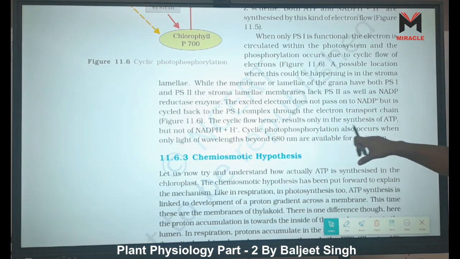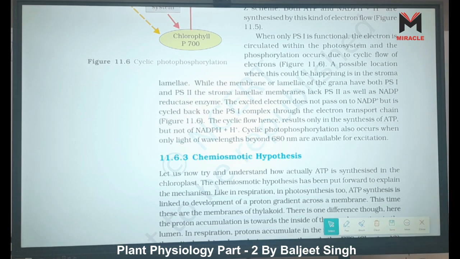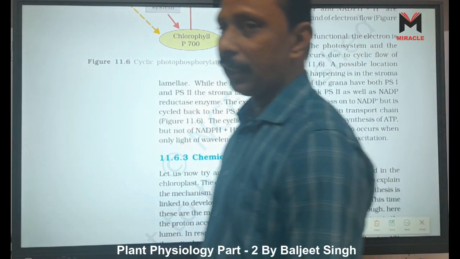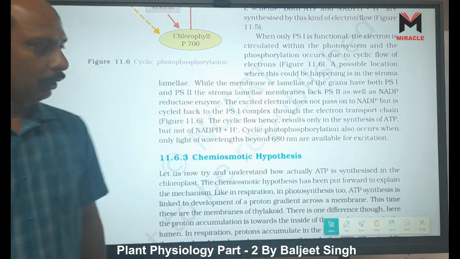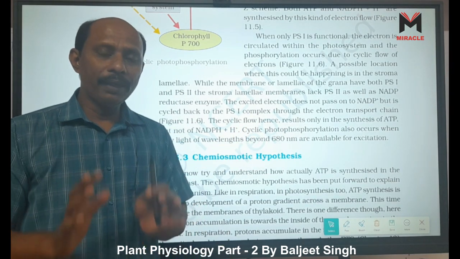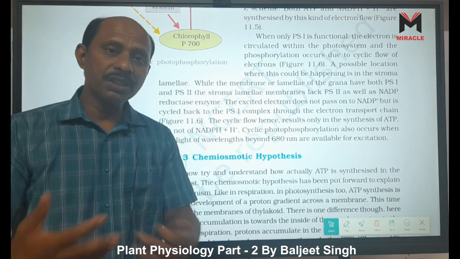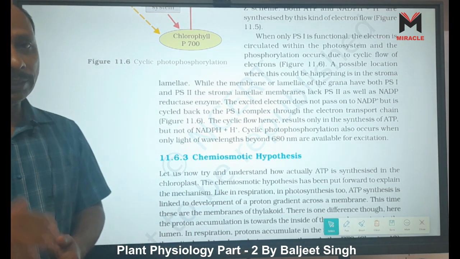Cyclic photophosphorylation also occurs when only light of wavelength beyond 680 nanometer is available for excitation. Beyond 680 means P700, right? It occurs when light of wavelength beyond 680 is available, not 680 or below.